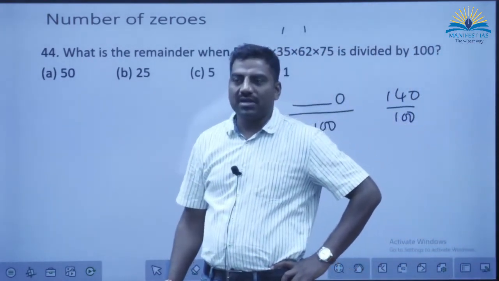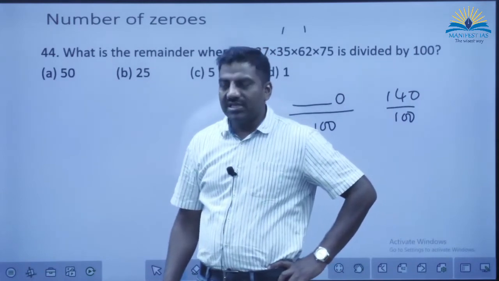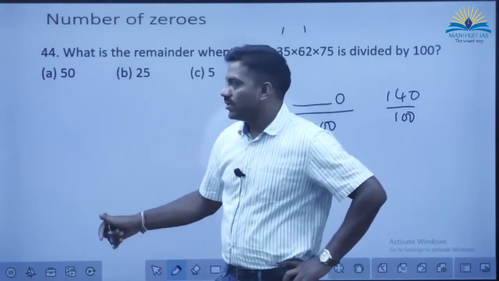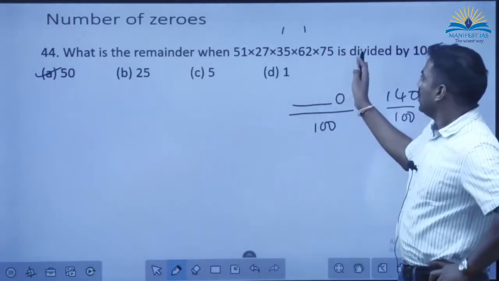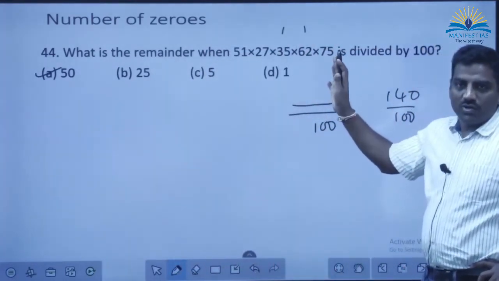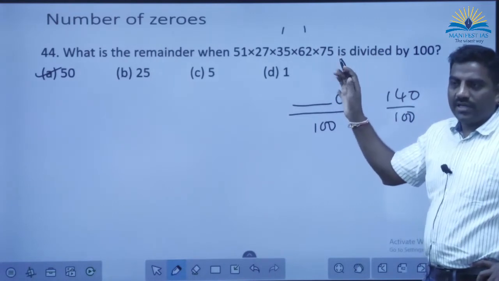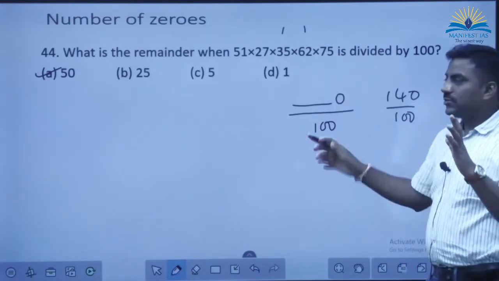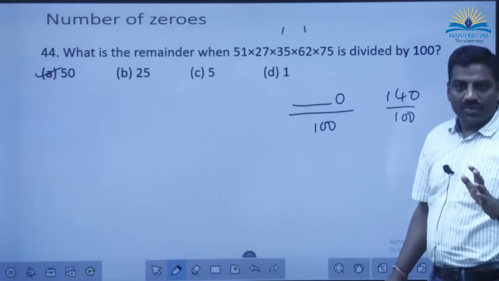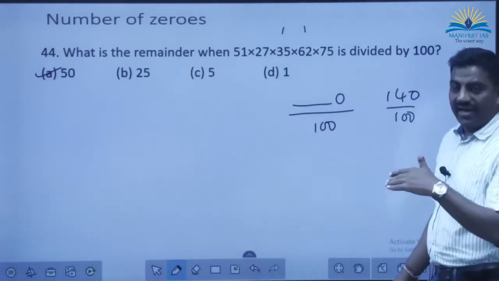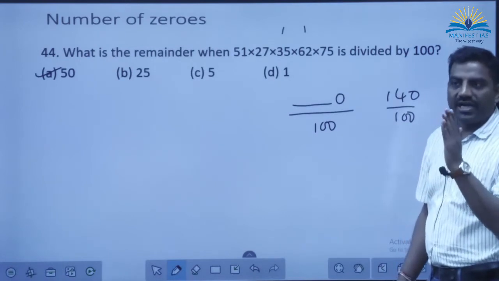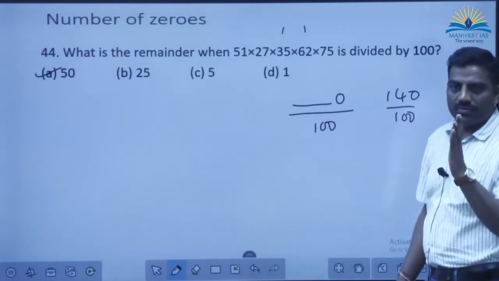Which number is having the remainder as 0? I mean, which remainder is consisting of 0? That is the answer. You don't go for the sum here. Simple thing. This product is ending with 1 0. When you divide that number by 100, then the remainder should end with 1 0.